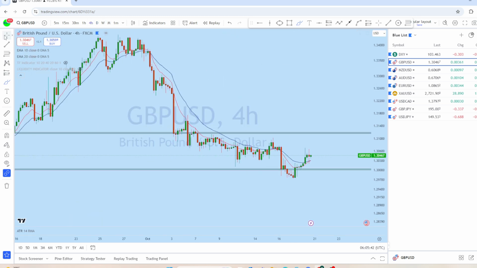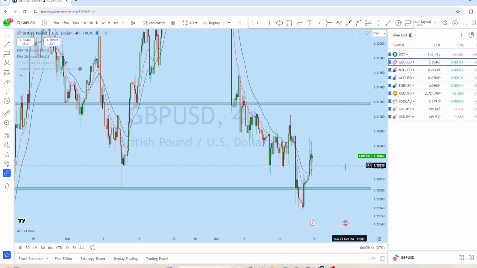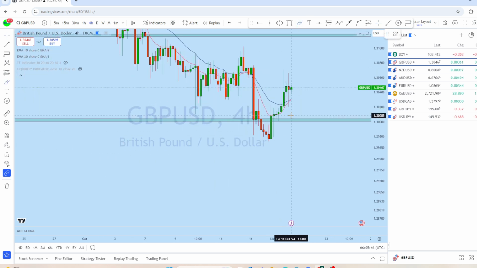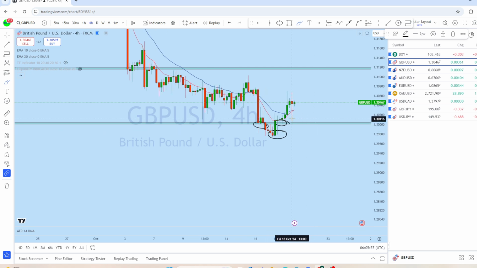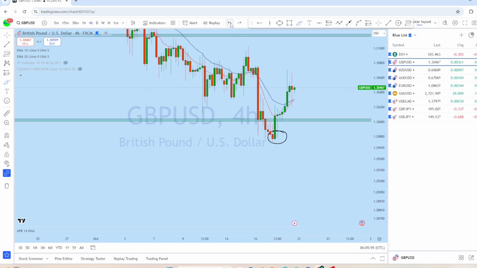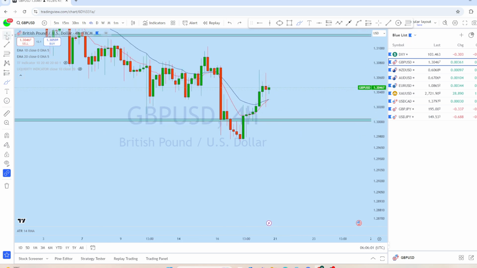Now from the 4-hour perspective on GBPUSD, we can see that there were quite a few liquidity candle formations. This is where there is high liquidity in that zone. We saw an inverted head and shoulders formation with a stronger liquidity gap, followed by another doji formation on the 4-hour time frame.